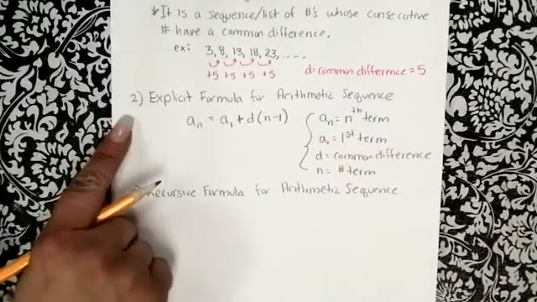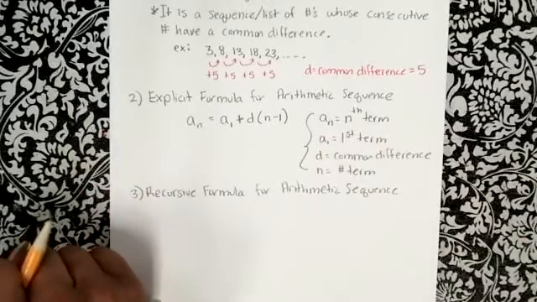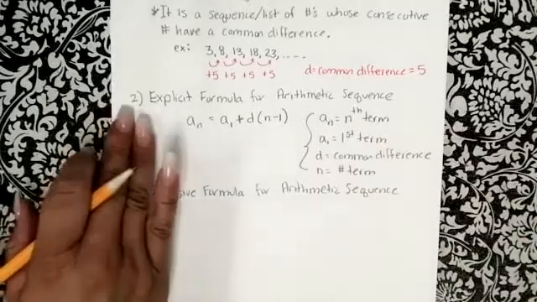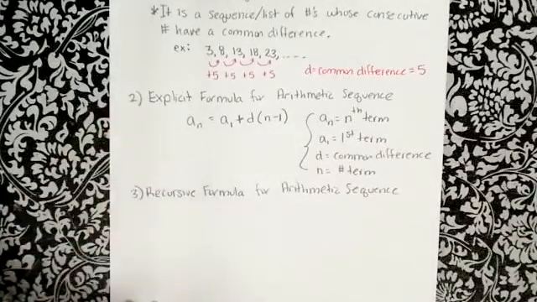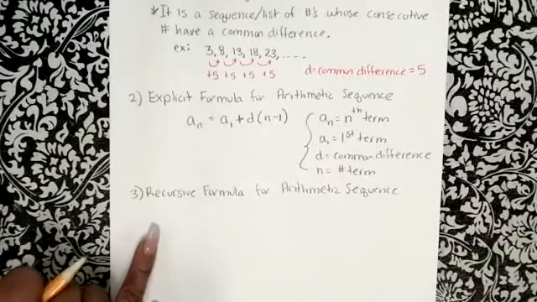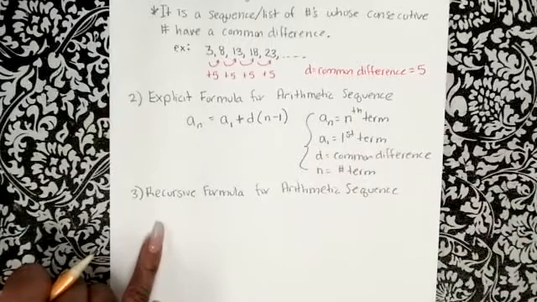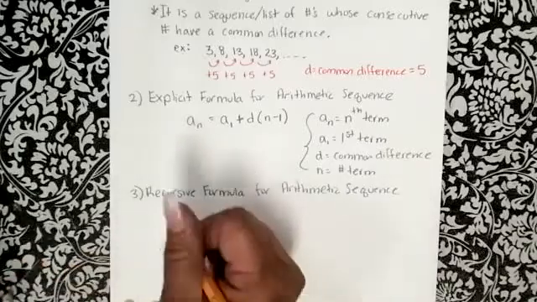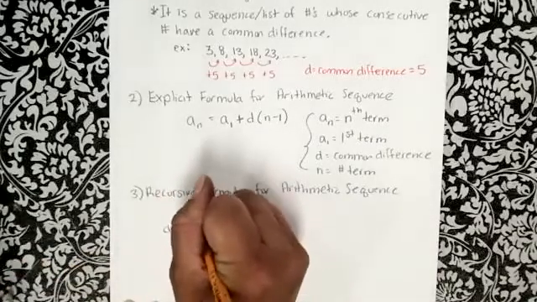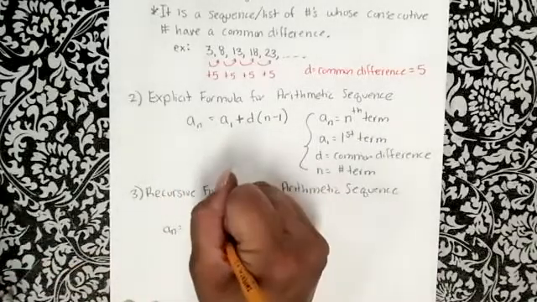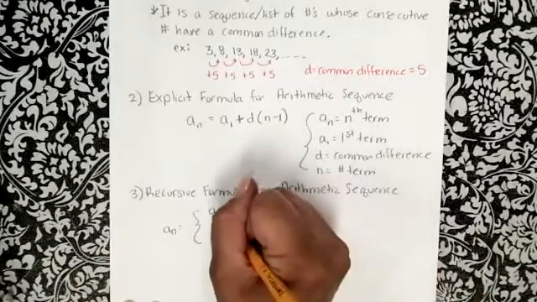Now on the explicit, I can ask you, what's the 100th term? What is the 2000th term? On the recursive, you're not going to have that luxury. In order to find the 5th term, you have to know what the 4th term is. In order to find the 4th term, you have to know what the 3rd term is. So on the recursive formula, they have to give you the first term or at least one of the terms.